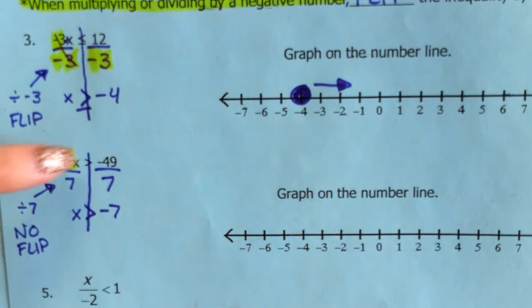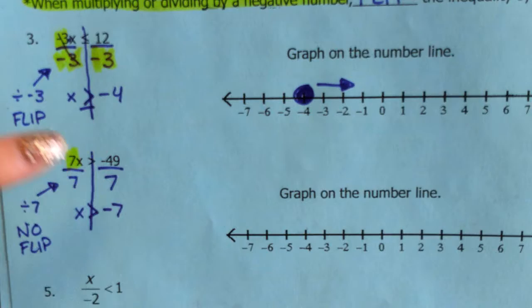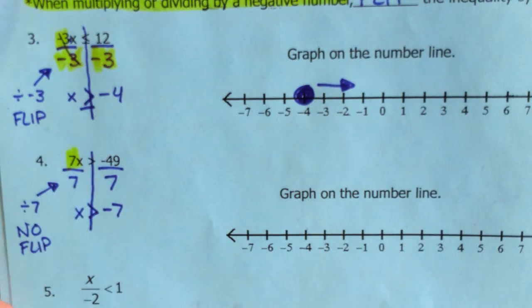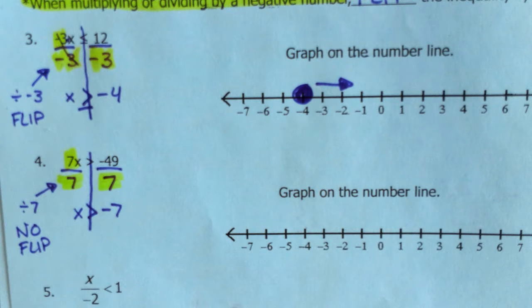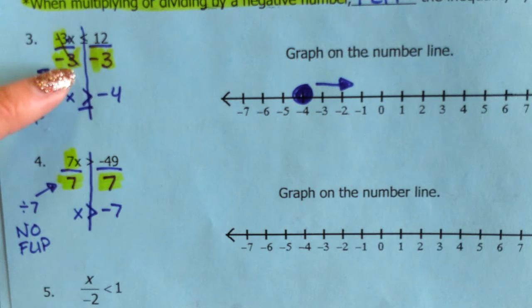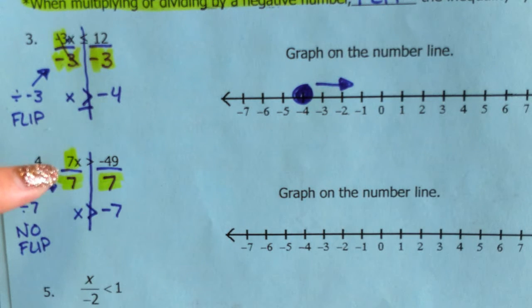Even though the 49 is a negative number, what I'm actually dividing by, that coefficient, that 7, is positive. So I don't need to flip it. The difference between the two: this is dividing by a negative number, this is dividing by a positive number.